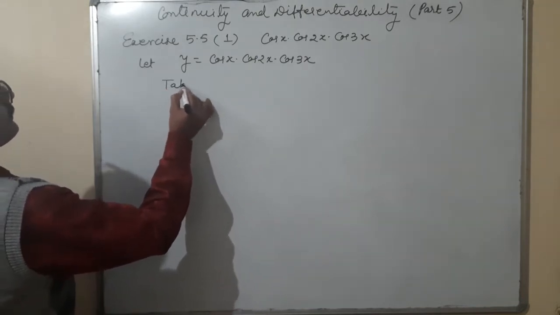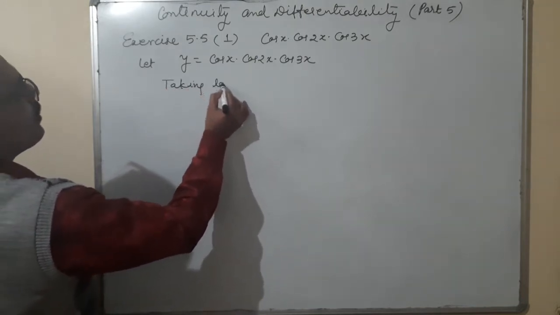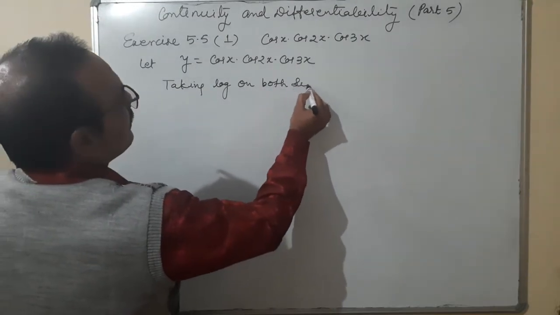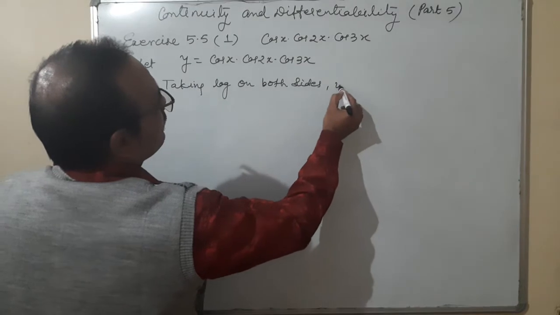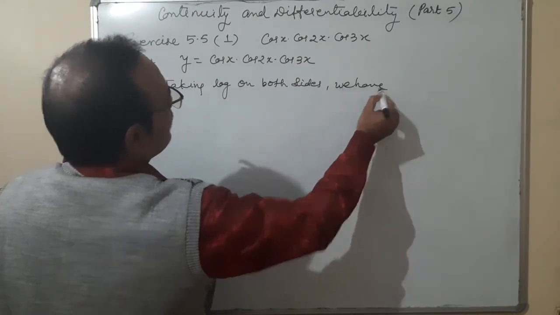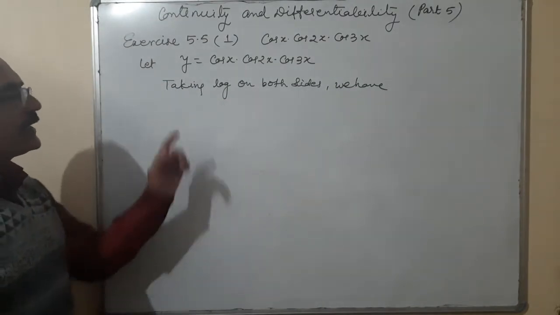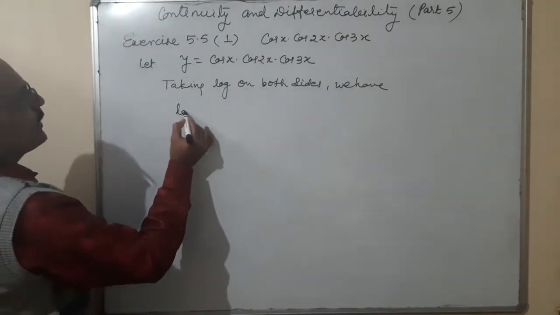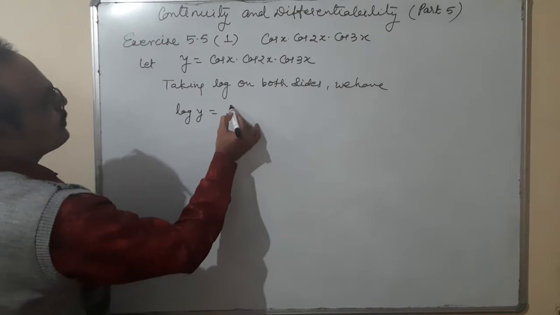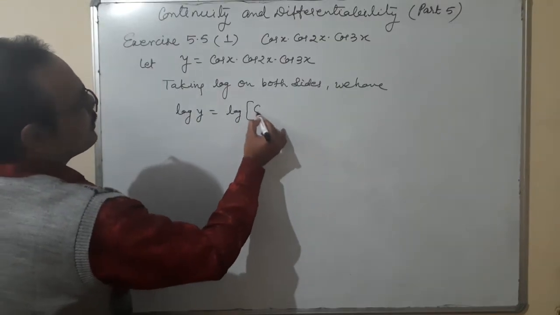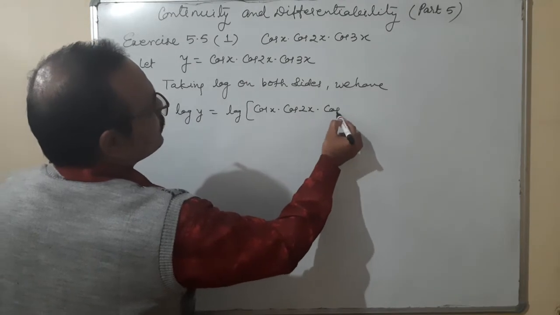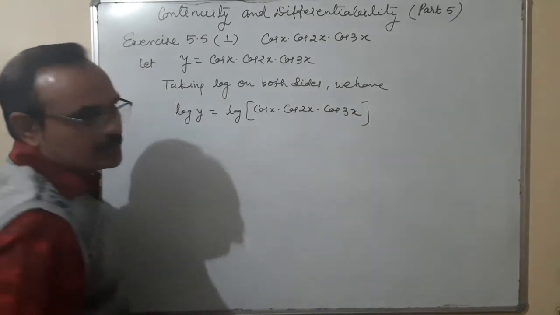Taking log on both sides, that means taking the logarithm on both sides. What comes here? Log y is equal to log of cos x into cos 2x into cos 3x.